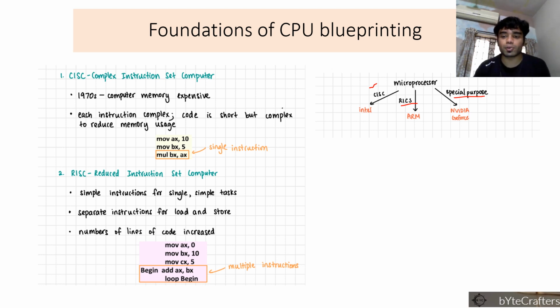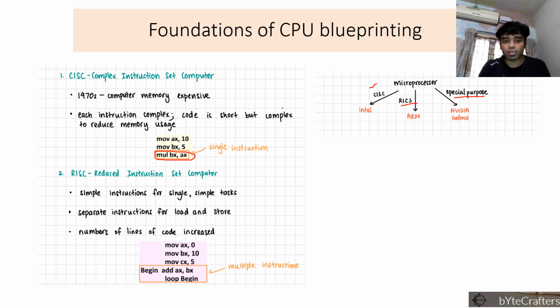The reason CISC and RISC came about is that in the early 1970s, computer memory was very expensive, so you had to include a lot of instructions within a very compact form. You have to make coding really compact because you can't afford to write lines of code to execute something. So here you can see this example.